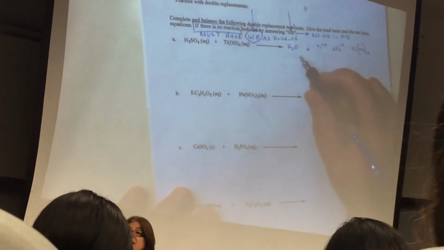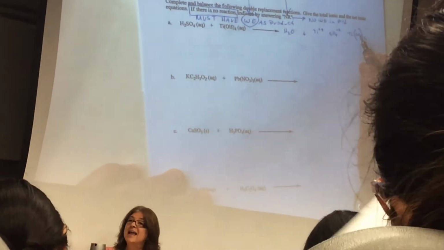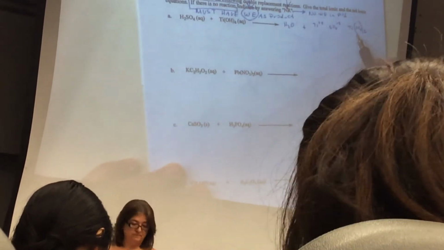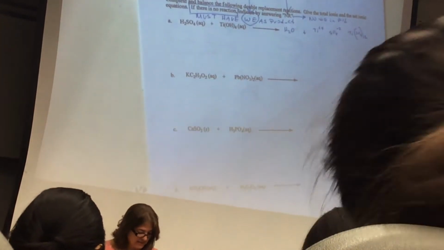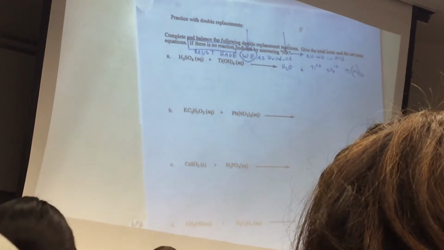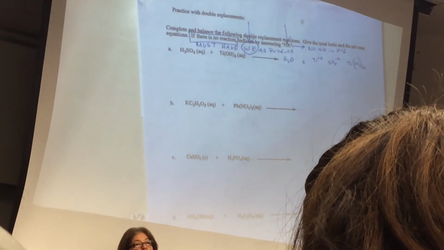So here we go. Now that I've crossed the charges and predicted my products correctly, is titanium sulfate a weak electrolyte? Wait, don't tell me. Where do I look for weak electrolytes? On a list.